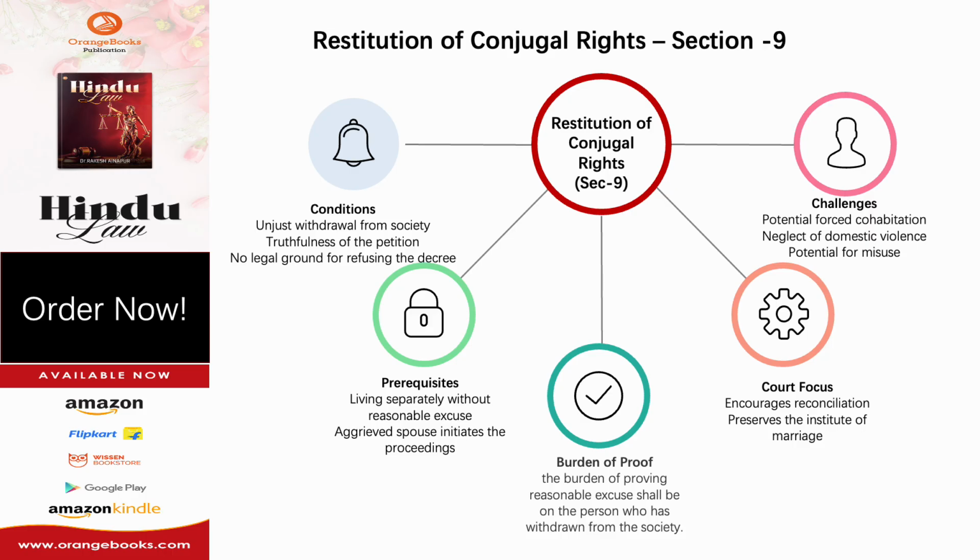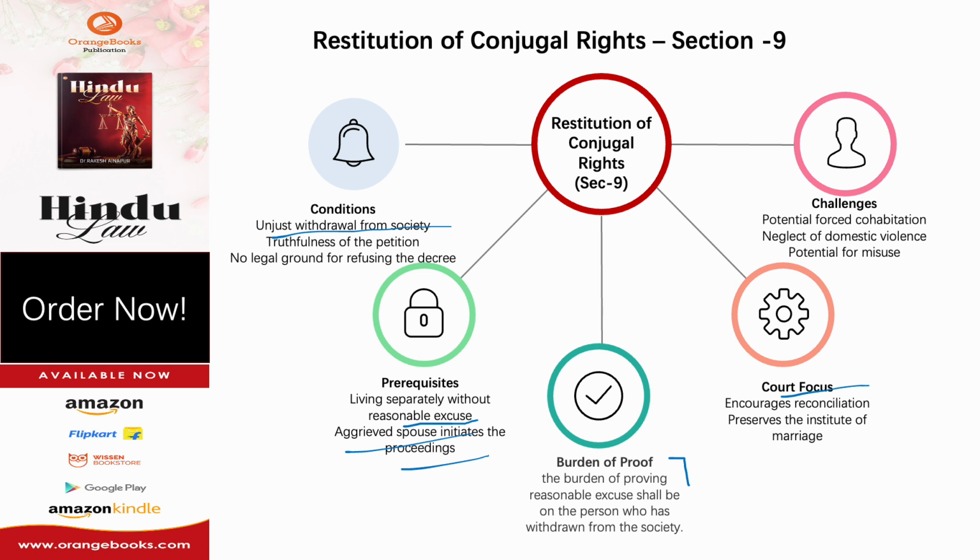So let's recap. Here is a summary of what we discussed under Section 9. There should be an unjust withdrawal from the society. There will not be any reasonable cause. So if there is no reasonable excuse, then the aggrieved party will initiate the proceedings. The burden of proof initially lies on the aggrieved party, and after that the respondent has to prove.